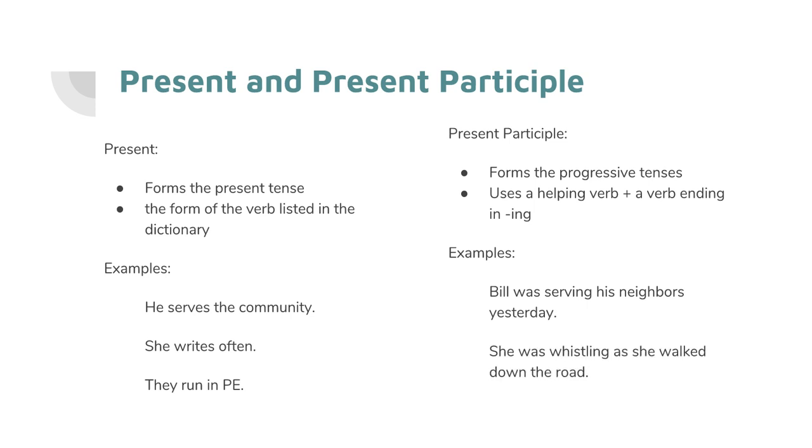She was whistling as she walked down the road. They were feeling hungry, so they went to look in the fridge. Here we notice was serving, was whistling, were feeling. There are helping verbs down that line, and all of the main verbs end in ing. This is using the present participle to form the tense in these sentences.